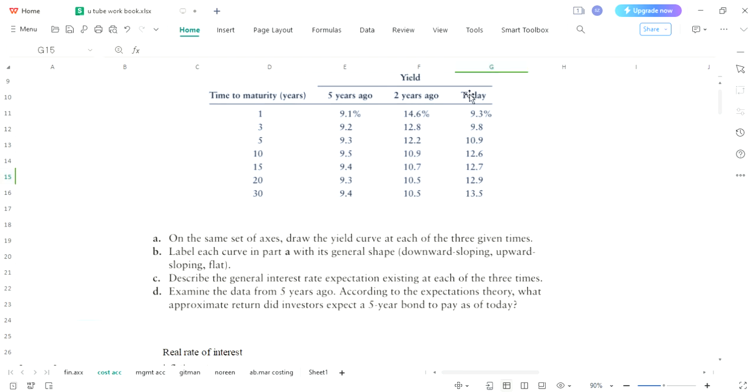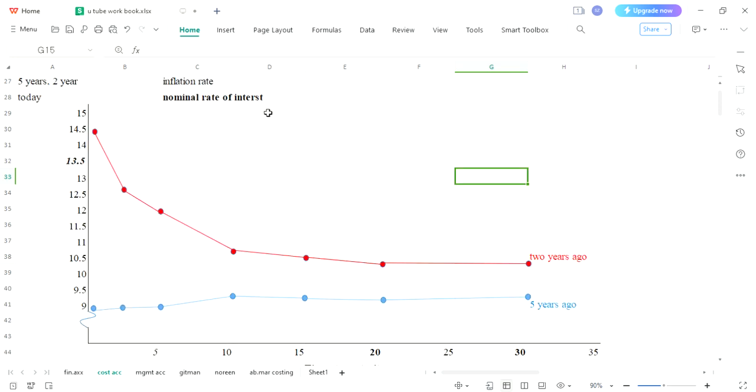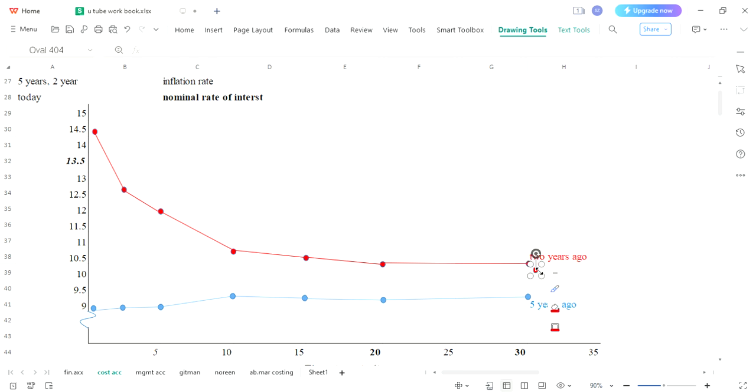Now it's time to draw the graph for today in relation with time to maturity. For today, let's choose, I forgot to copy. Okay, luckily we have got the copy, and now we need to change to another color. Let's make it orange this time. It should be colorful.